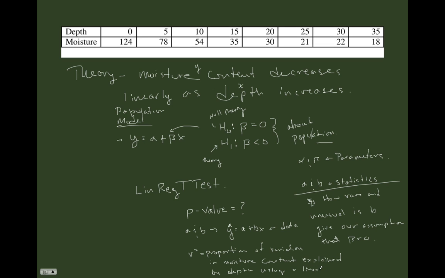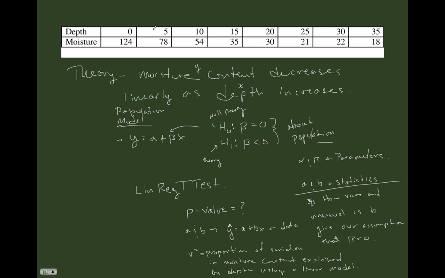In other words, when we look at the original data, all of the moisture contents were different, varying from each other, and there would be an average moisture content for all of our samples. What R squared tells me is how much of that initial variability is explained by the depth the sample was taken.